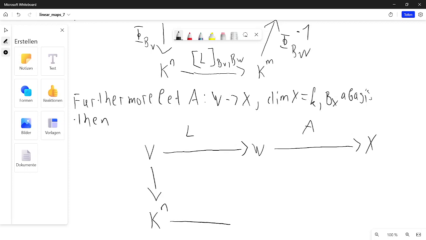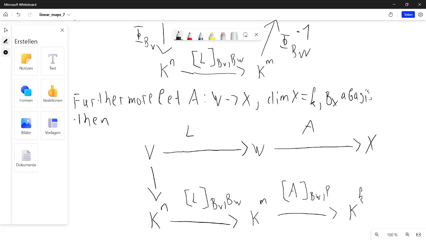Here we could go to K^M via, of course, the representation matrix of L with respect to the bases BV, BW, here we could go to K^K with matrix A, BW, BX.